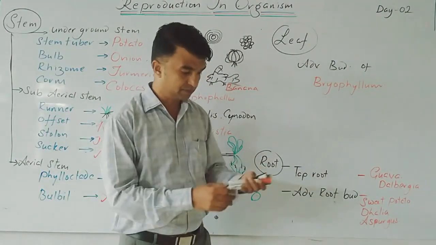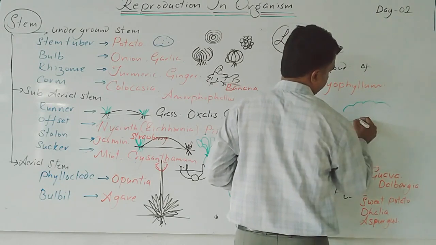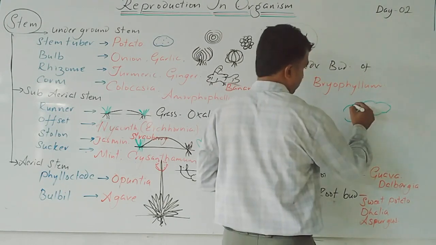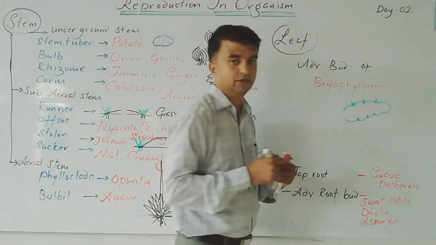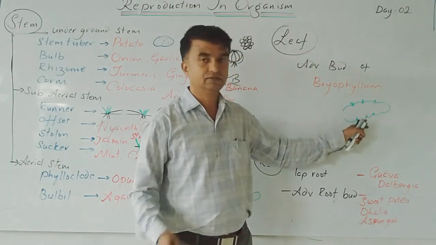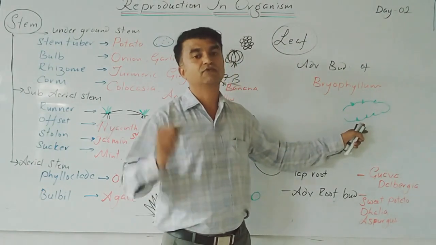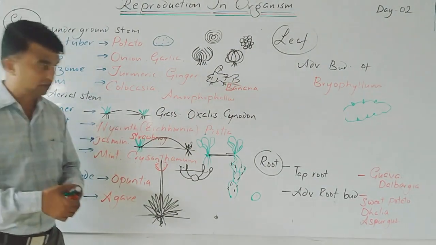Clear? So the leaf is like this one. It has notches. From these notches again leaves are generated. So in bryophyllum, the notches are used for vegetative propagation. So these are the types of vegetative propagation.